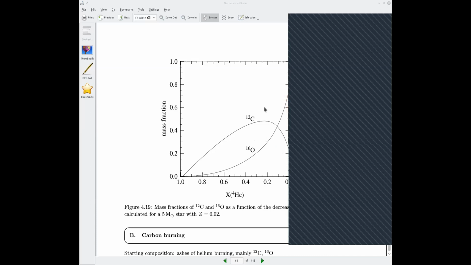The exact amount of carbon and oxygen is not well clear, but it's 50-50 or 20-80. It depends on when it stops and how it is produced, because while the hydrogen burning produces a core of helium, the helium burning produces a core of carbon and oxygen that is mixed.